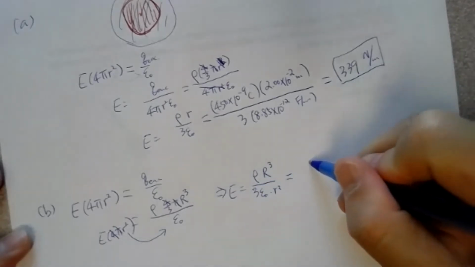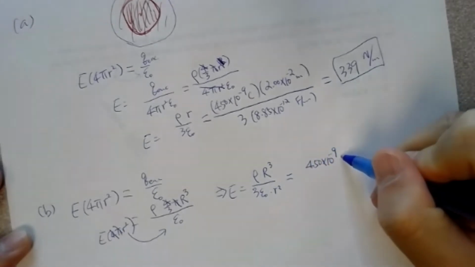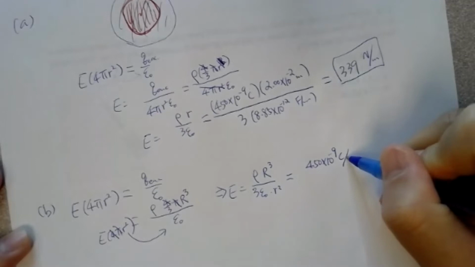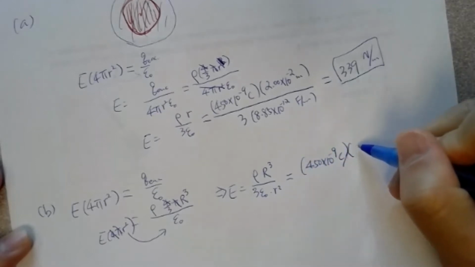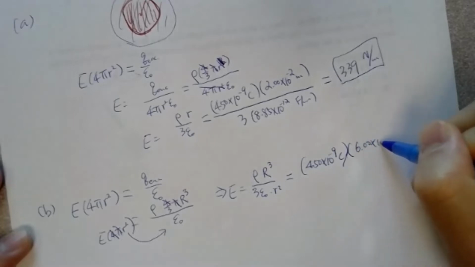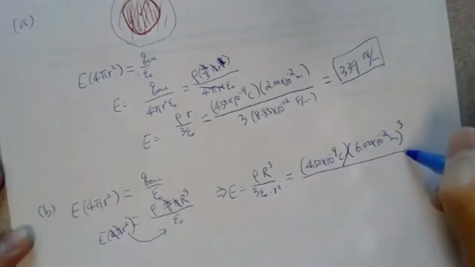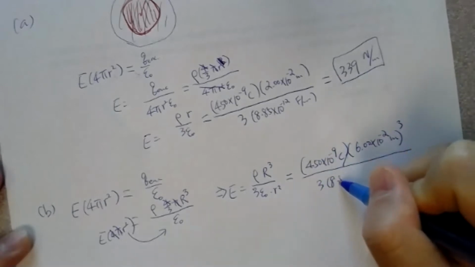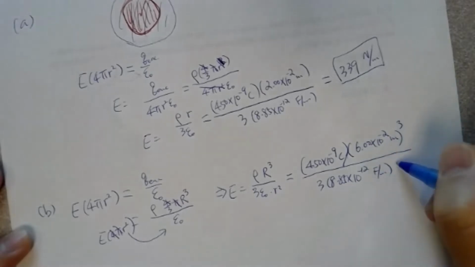Okay. Now you can plug in the numbers. You are given 450 times 10 to the negative 9 coulombs per meter cubed, times capital R given as 6 times 10 to the minus 2 meters cubed, over 3 times 8.85 times 10 to the negative 12, times small r, this time is 10, right?